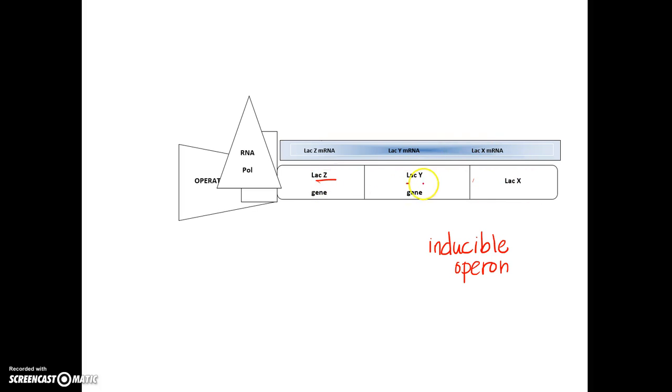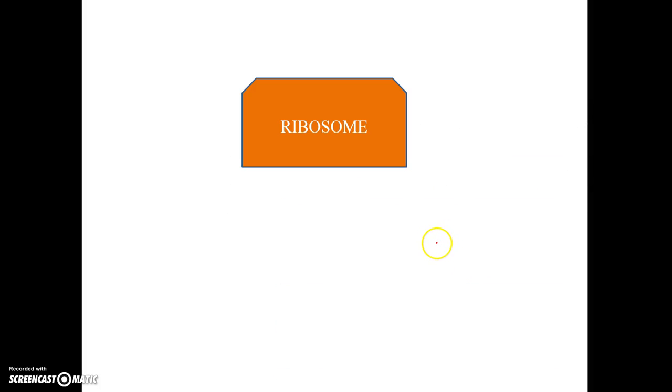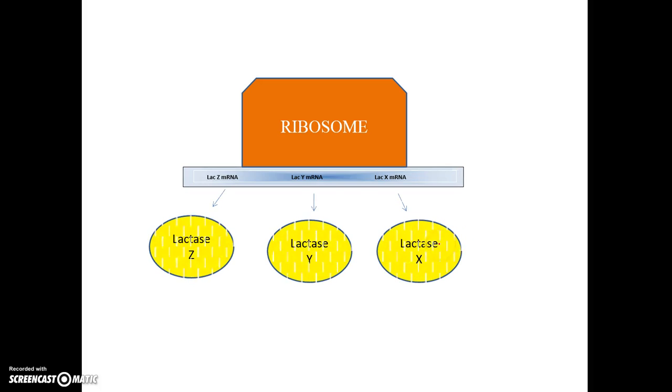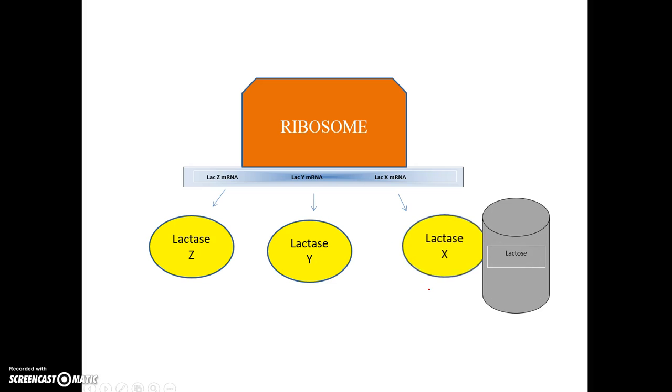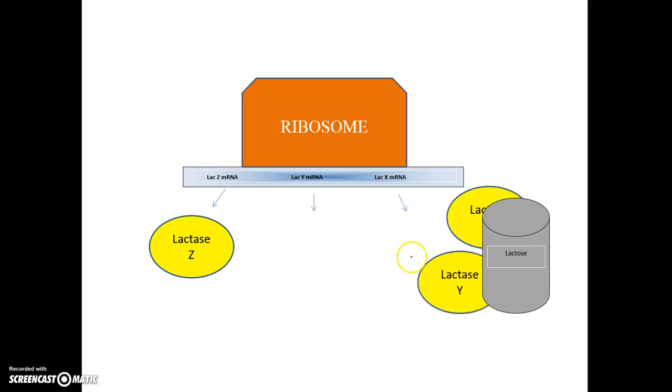So these lac genes contain the recipe of how to make lactase, and the lactase enzyme breaks down the lactose. The mRNA is going to come out, land on the ribosome, and produce these lactase enzymes. These are the enzymes that are going to go over and break down the lactose.